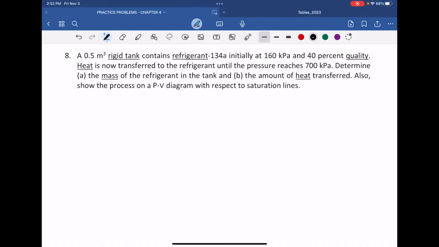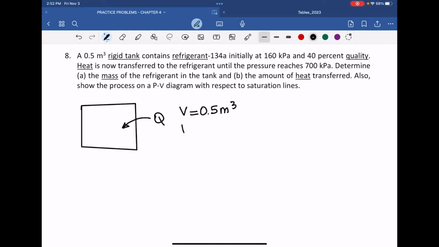Sure, let's do that. So first of all, we can sketch our system. This is a rigid tank and the volume doesn't change, and heat is transferred to our system. That's what the problem statement says. We have a volume of 0.5 meter cube, and we have refrigerant as a pure substance as our system.